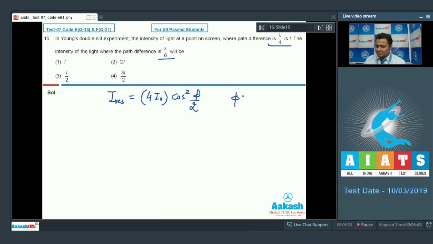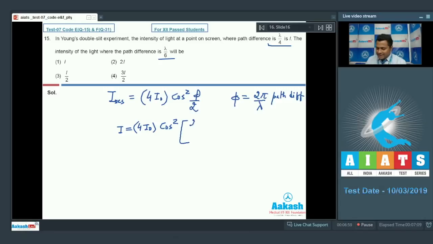We know the expression for phi also. Phase difference phi is 2 pi by lambda multiplied by the path difference. So in the first case, the path difference is lambda by 4 and the intensity is I. So we can write I equals 4 times I naught multiplied by cos squared phi by 2.